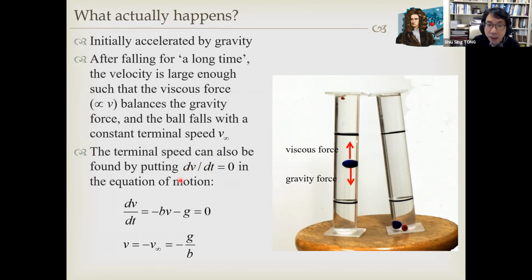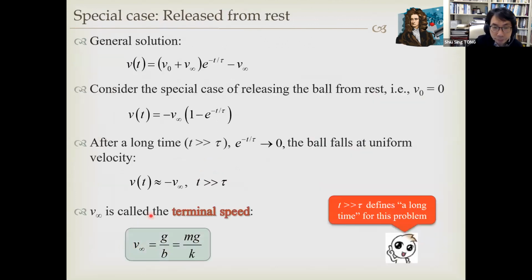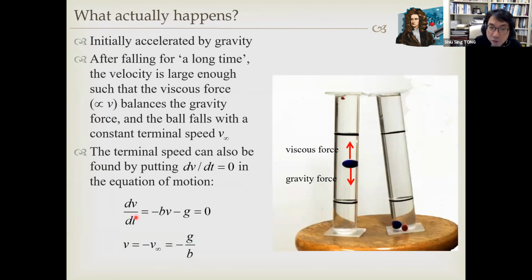And you can see if the velocity becomes constant, if the acceleration becomes zero, then we can solve this equation for the velocity. And you can see the velocity is exactly the terminal speed, and is given by minus g over b. So this V infinity can actually be solved by putting dv/dt equal to 0 in the equation of motion.